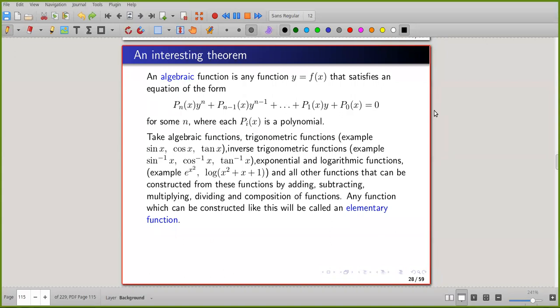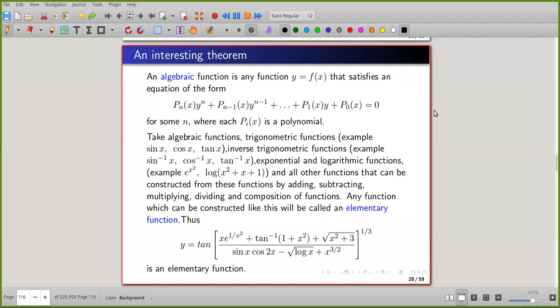That set will be called the set of elementary functions. So we have all these nice simple functions which we are very familiar with, and we look at the set of functions which can be constructed from these functions. There are many more functions, but this is a particularly simple set.